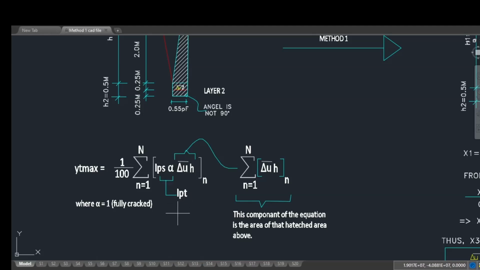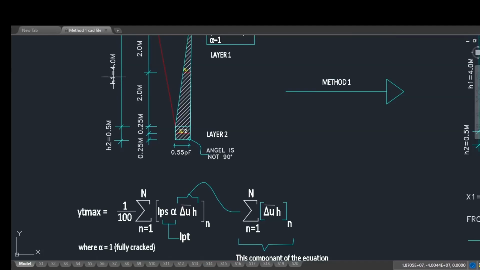and these two will be the instability index. And then we multiply that by the average suction change of the layer as well as the corresponding layer depths H to get ytmax.